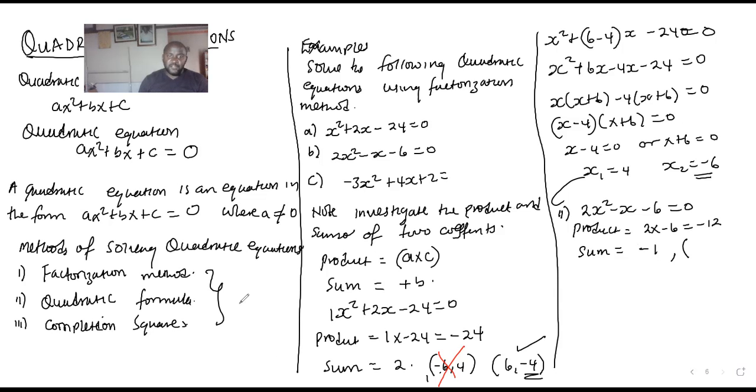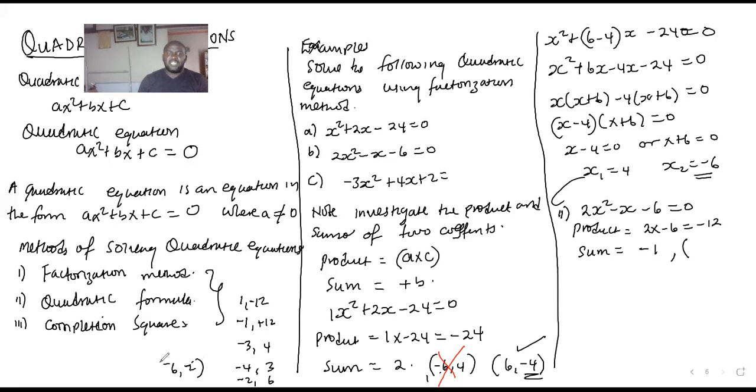The factors of 12 are 1, 12, -1, -12, 3, -3, 4, -4, 2, -2, 6, -6.